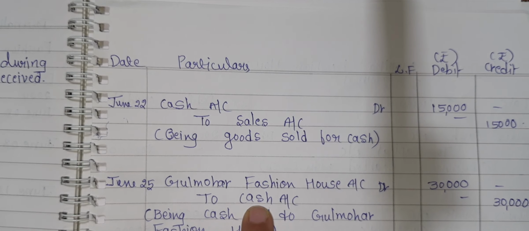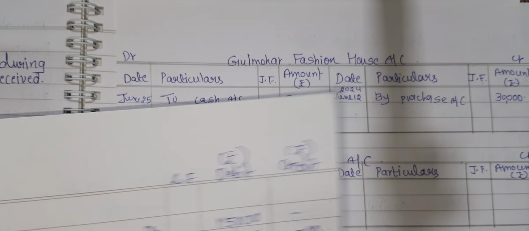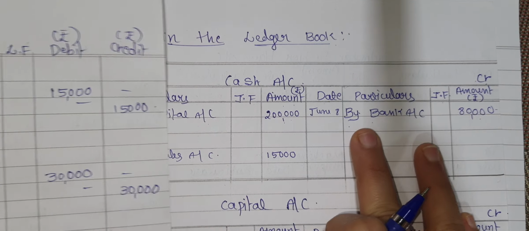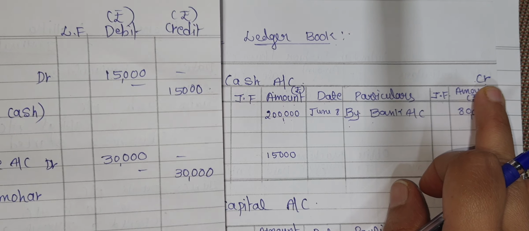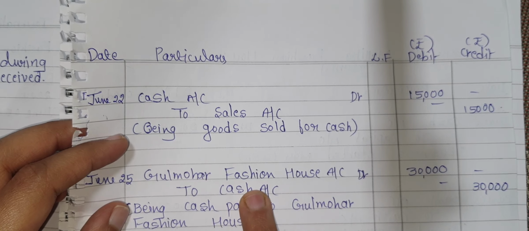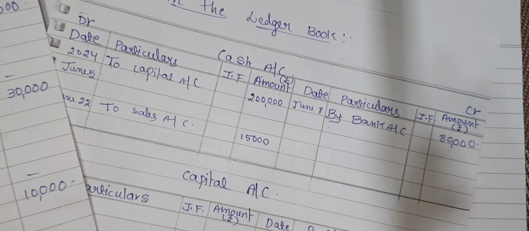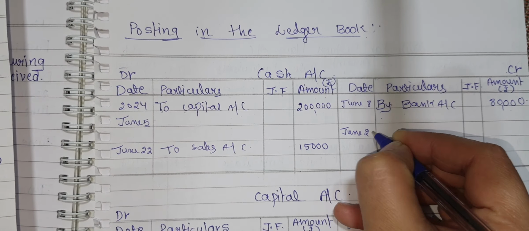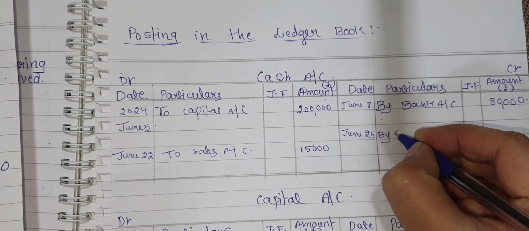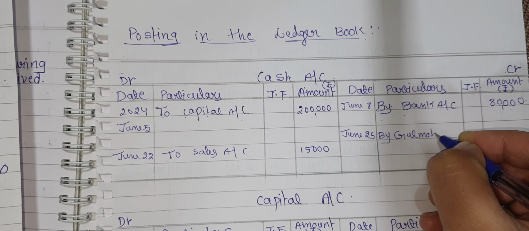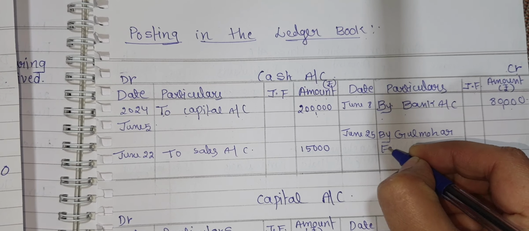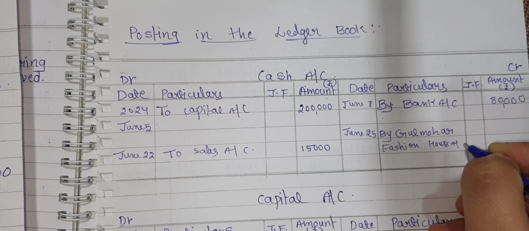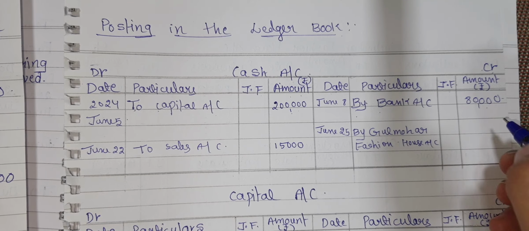And second one, cash account is credited. So go to the credit side of cash account and write down the opposite entry, that is Gulmohar Fashion House account, June 25th by Gulmohar Fashion House account, that is rupees 30,000.